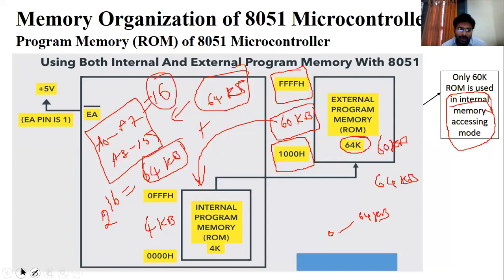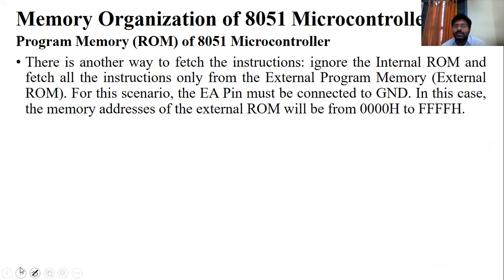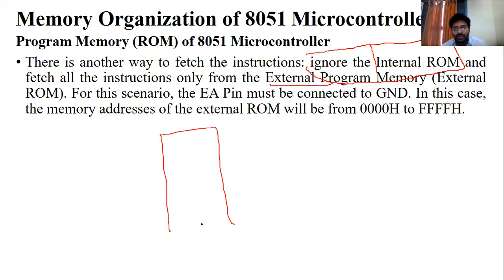Otherwise, if you ignore the internal RAM, you can access only the external memory. At that time, what is the memory size of that external memory? External memory is 0000H to FFFFH.